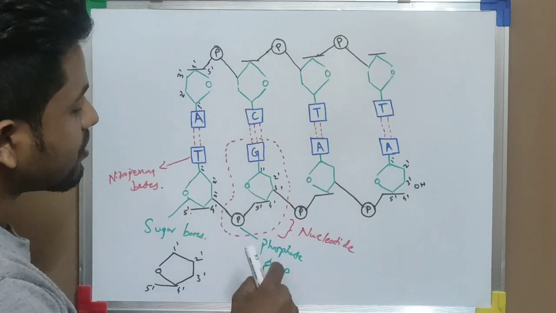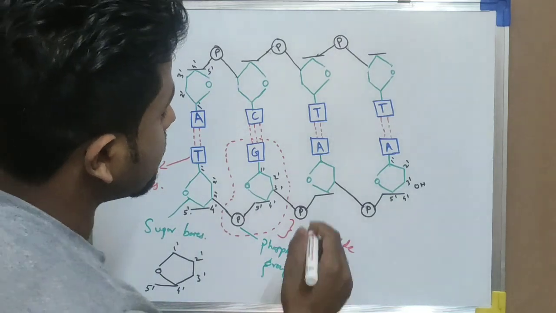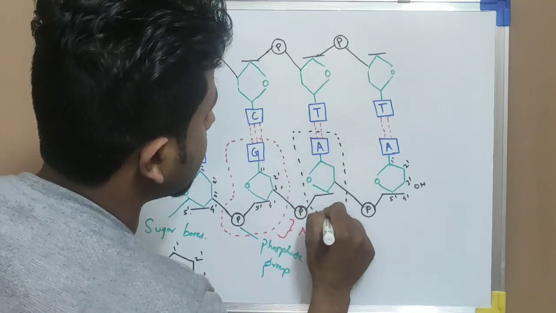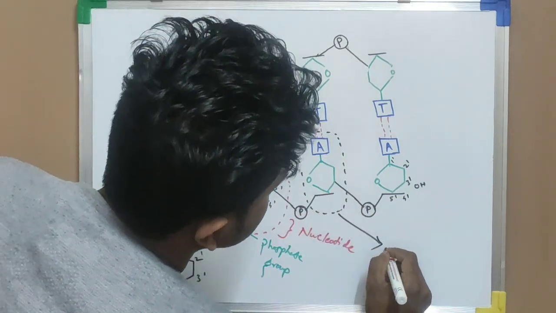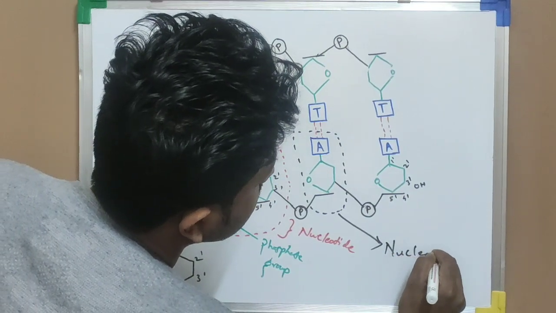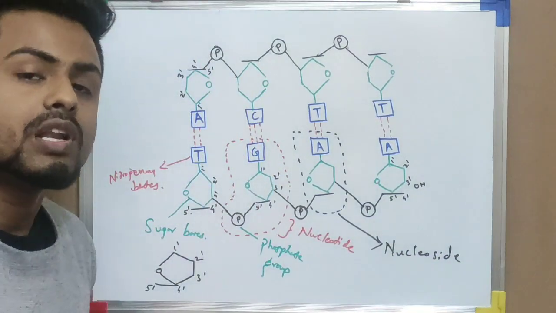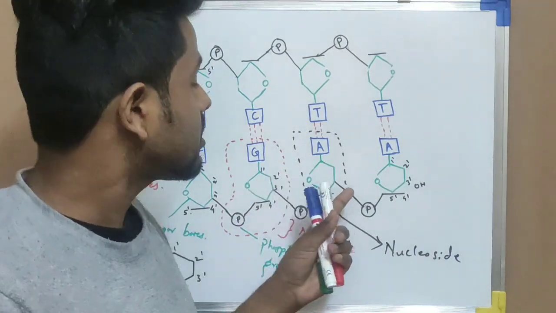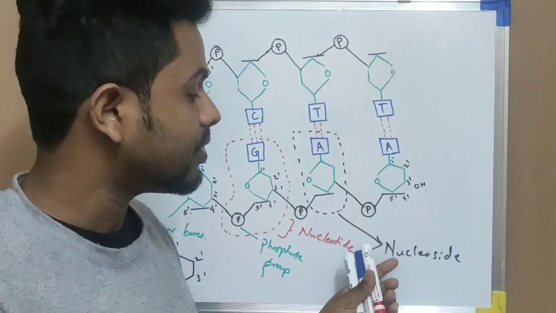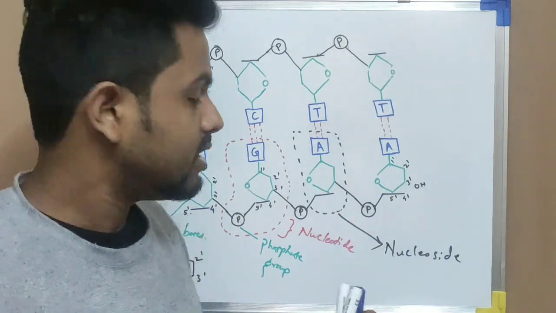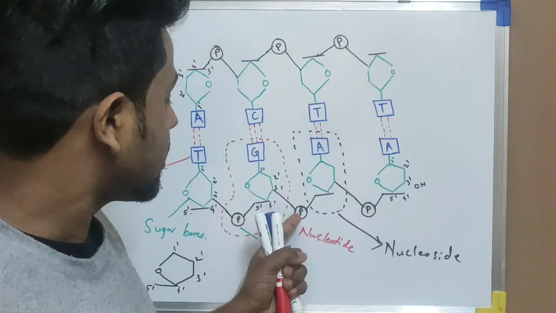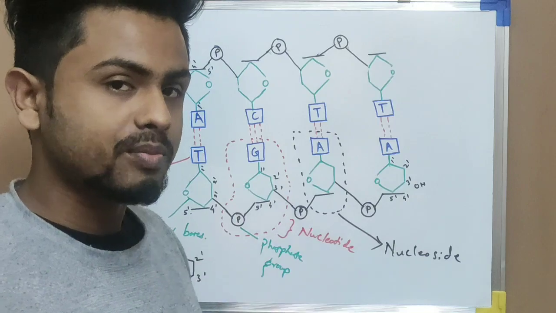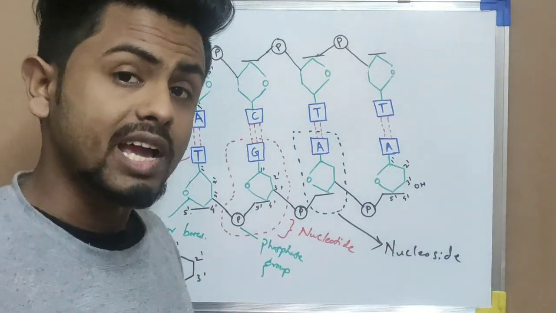And when you remove the phosphate group and consider only the nitrogenous base and the sugar, we consider that a nucleoside. When we consider the phosphate group also, these three elements together form the nucleotide.